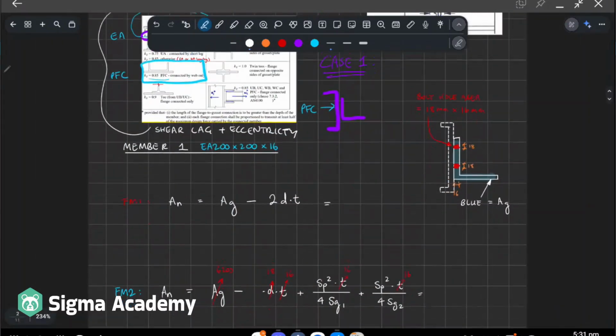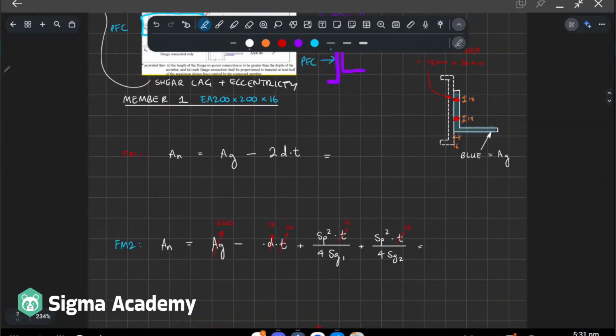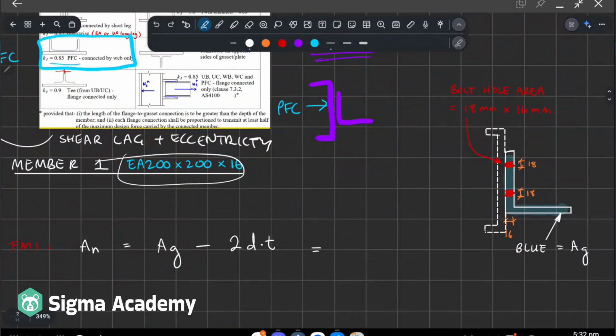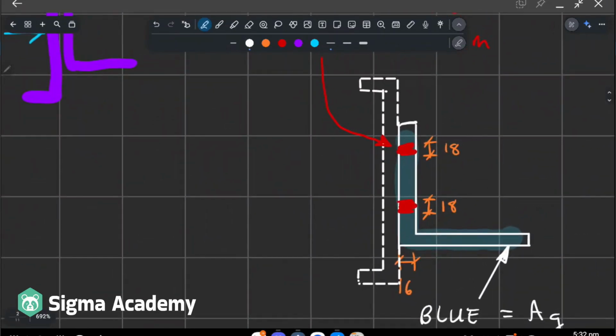All right. So let's check the first member, which we'll just consider the equal angle of the first member. That's the one on the right, okay? So if you consider what I've highlighted in blue, that's the cross-sectional area, the gross area. Now we have to reduce our gross area by the bolt holes.